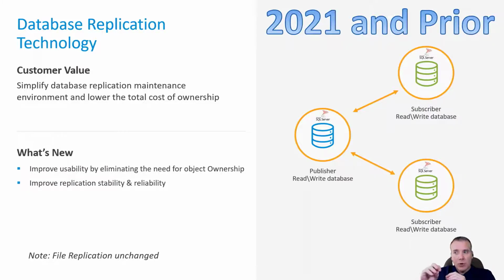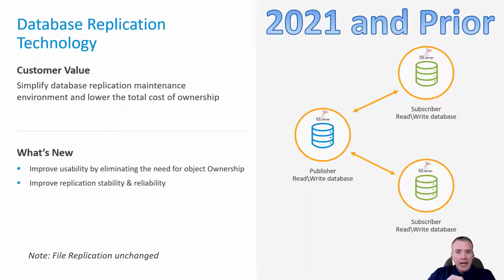Database replication or workgroup replication changed completely. So in 2021 and before, replication used what's called SQL Server merge replication. Because of the way it was implemented, you could make changes at any site.